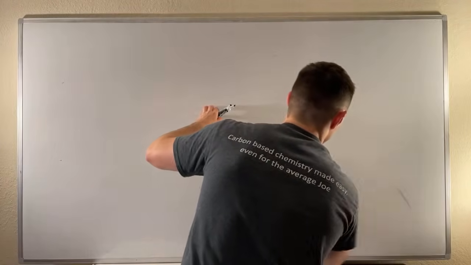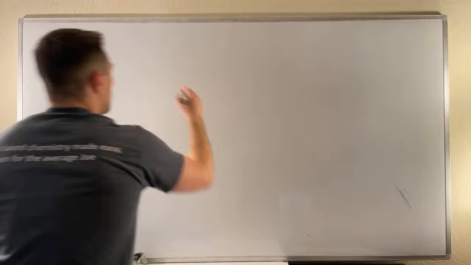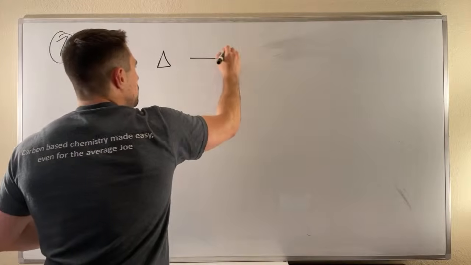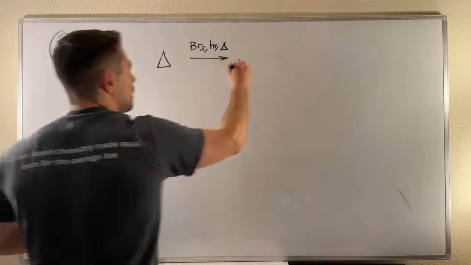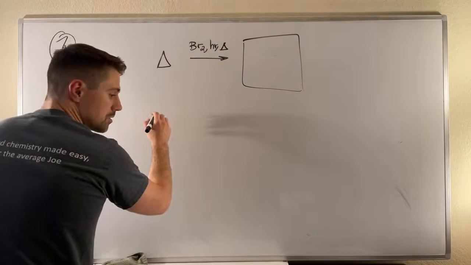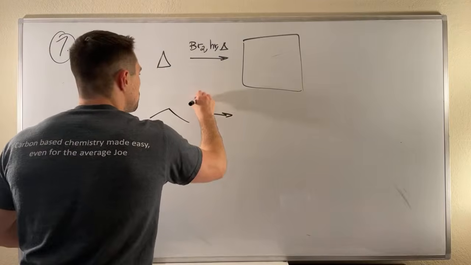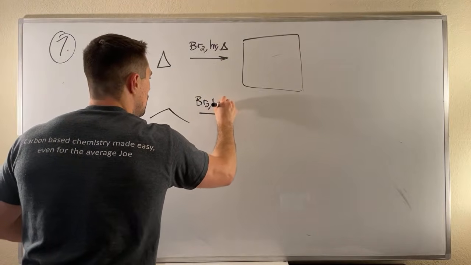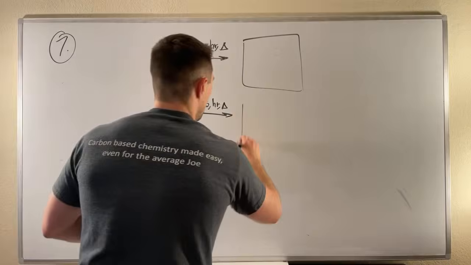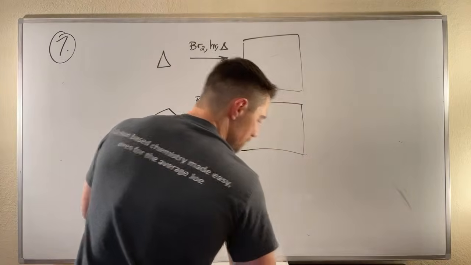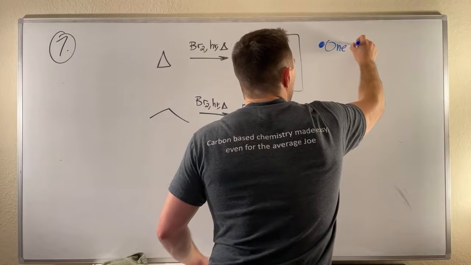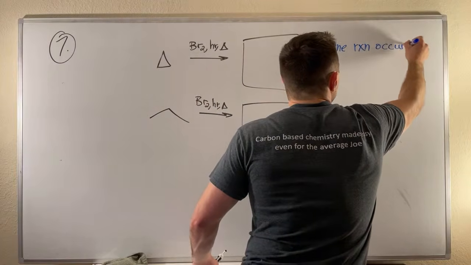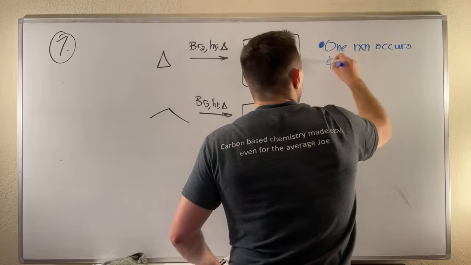All right. So for problem number 7, this is some information I'm going to write up on the board really quickly. I'm going to give two reactions that look like this. And the question here is, one reaction occurs and one does not.